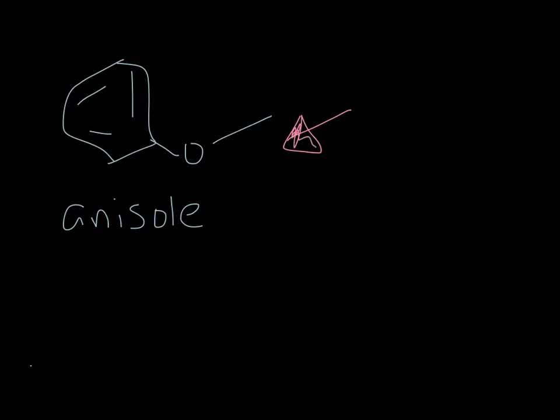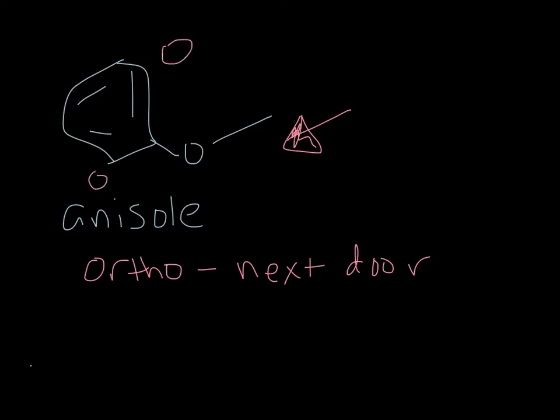So when I only have two substituents, I use ortho, meta, or para to describe their relationship to one another. So for ortho, that's next door neighbors. So this position and this position are the ortho positions.